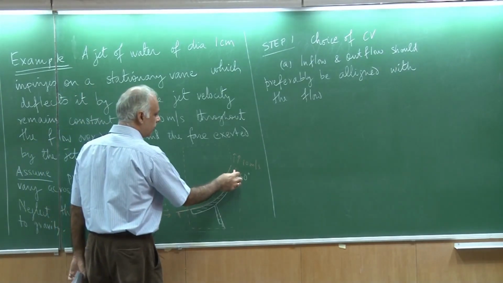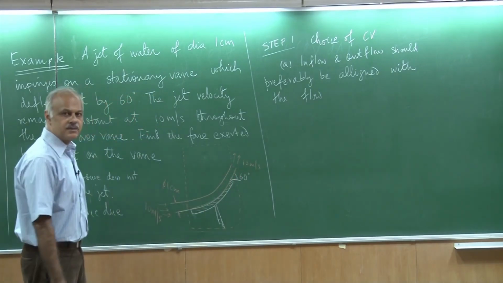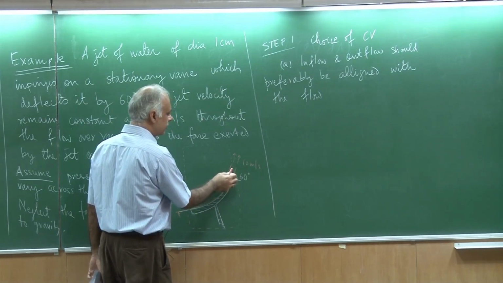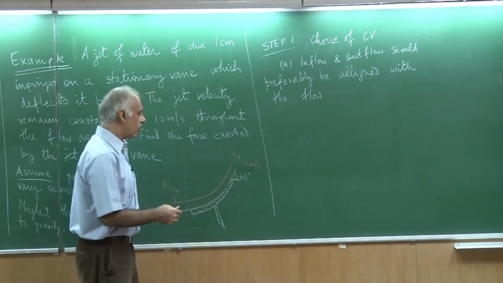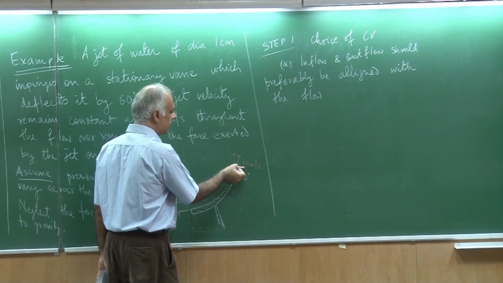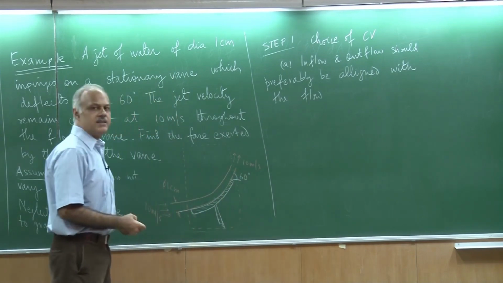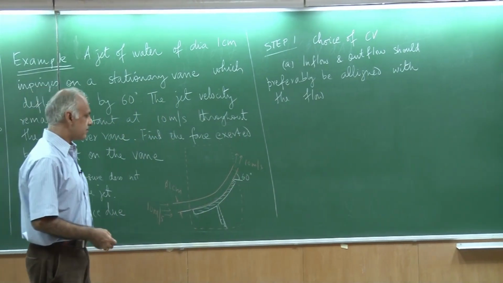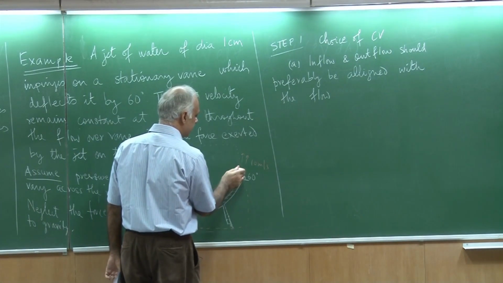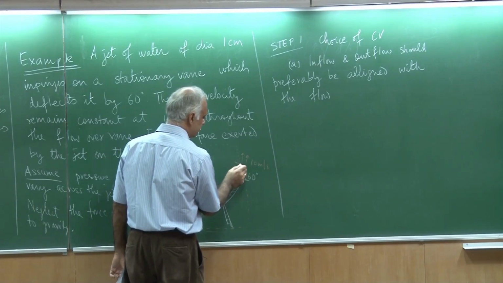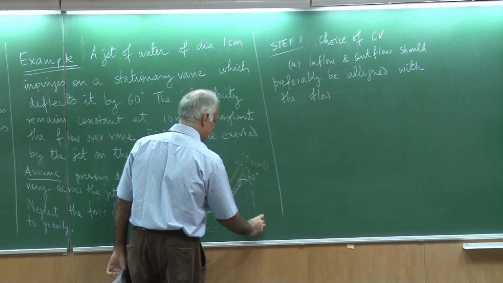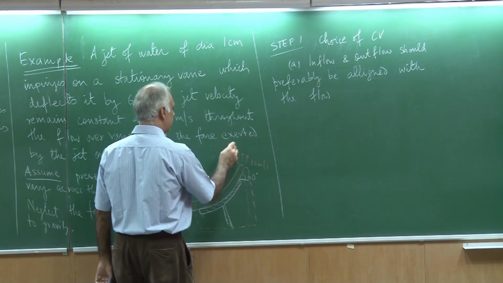But now, if I go onto this part of the control volume, I can still do it. Mathematically there is no problem. The only issue is that the calculation becomes a little bit involved. I have the velocity vector at 60 degrees, but the normal of my control volume is pointing outwards in the positive x direction. So, I could choose a control volume that is normal to the surface. How about this control volume?